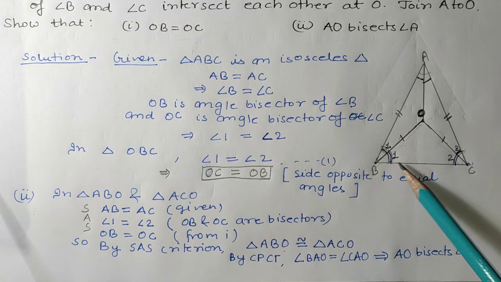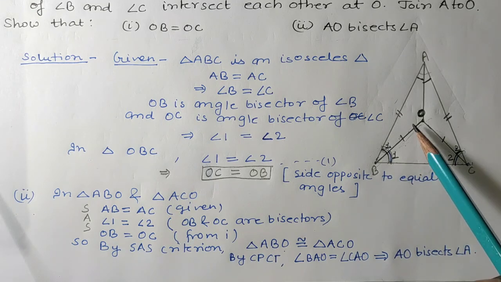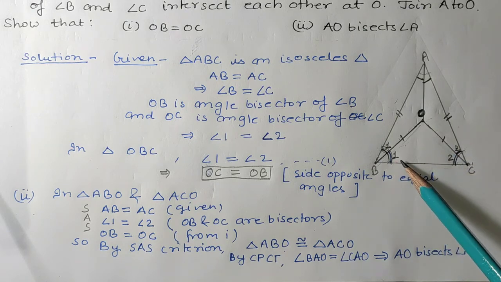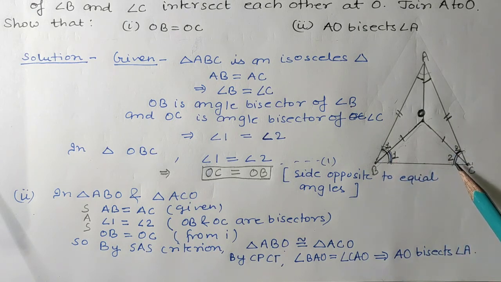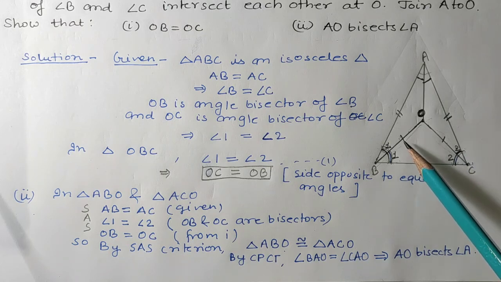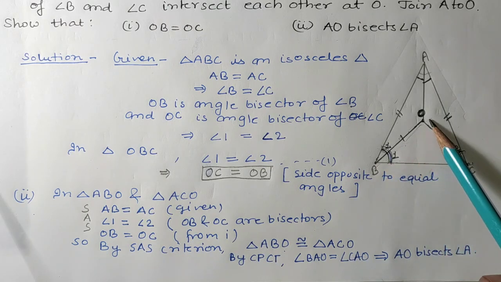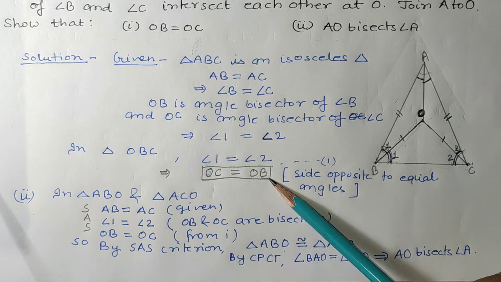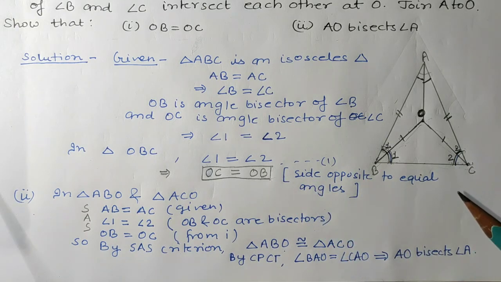It means that angle 1 is equal to angle 2. So let us see in this triangle OBC, if angle 1 is equal to angle 2, means the side opposite to these angles, that is the side OB, will be equal to the side OC. Okay, so this was the first result that we have to prove.